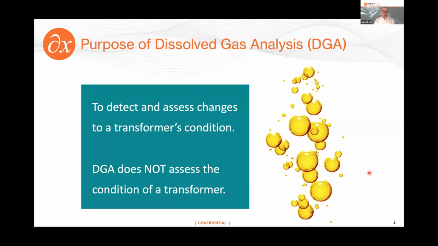So what basically happens is DGA will put up a flag, and if you want to understand the transformer better, you go and do follow-on testing. That's an important thing to remember. A lot of people lose sight of that. But if we can get a closer or better understanding of the dissolved gases, and particularly the energy that went into creating them, we can actually assess the severity of the change that's underway.